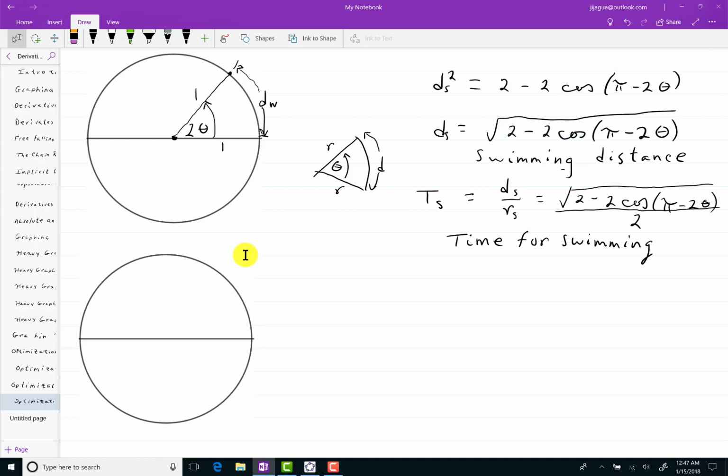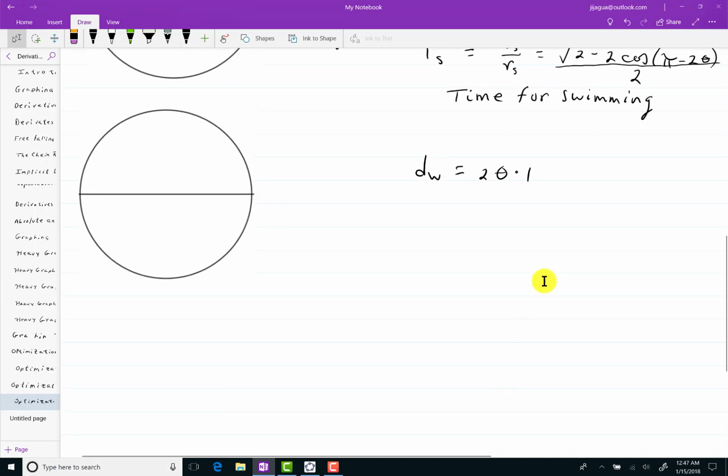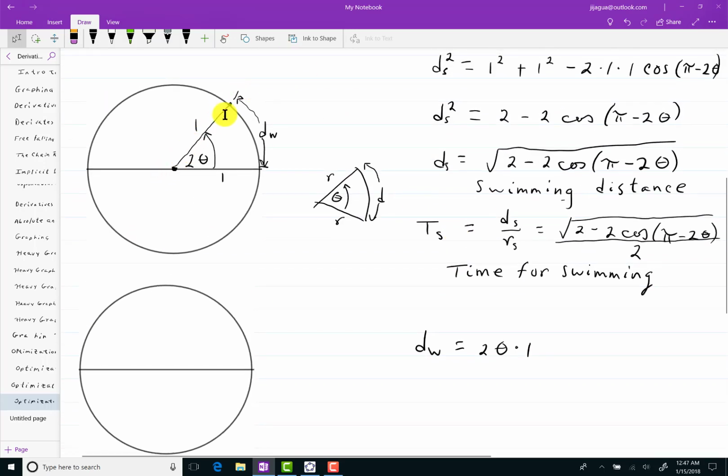But imagine if you just stopped short and only went to theta, then replace the 2 pi by theta and replace the r by 1. So d_w equals r theta. Well, my theta is actually 2 theta times the radius. This is the beauty of having theta in radians. You couldn't do this if this were degrees. Radians can work as both an angle and a length. In fact, the radius is 1, so the arc length is actually equal to the angle in there.